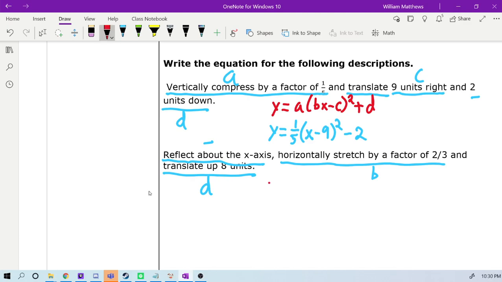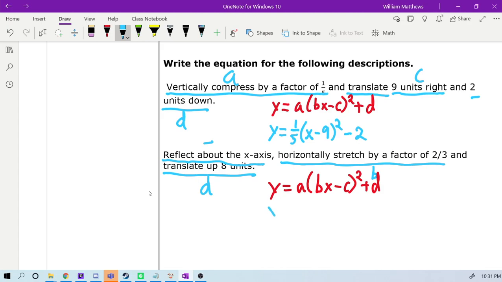So rewriting the original equation again. This time when we fill everything out, we have to be careful on that inside, because right now it says horizontally stretch by a factor of 2/3. This would just be multiplying our x variable by 2/3.